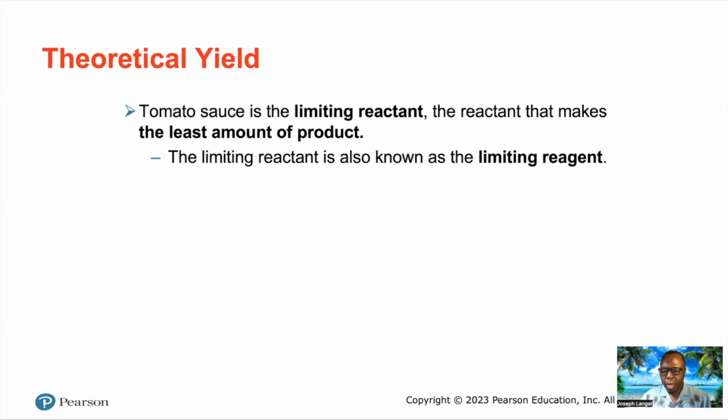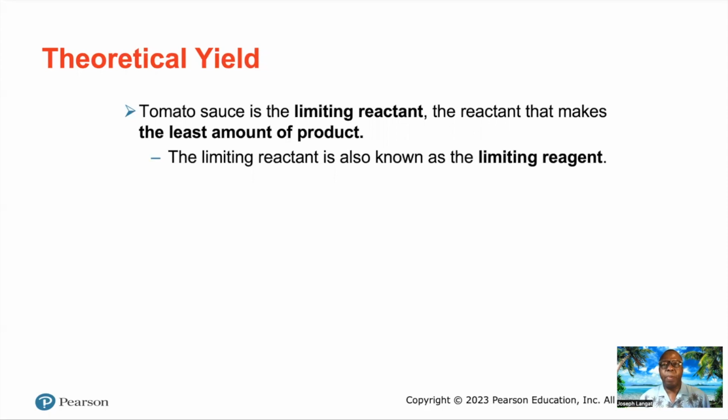In this case, the excess reagent will be the tomato sauce, and the other one is just a limiting reagent. Theoretical yield is the amount you expect to produce from the limiting reagent. In this case, tomato sauce is the limiting reactant, the reactant that makes the least amount of the desired product.